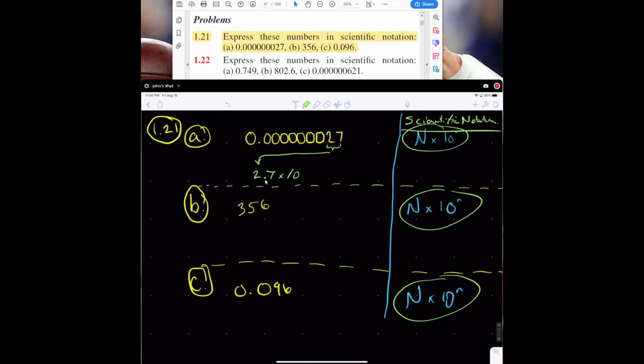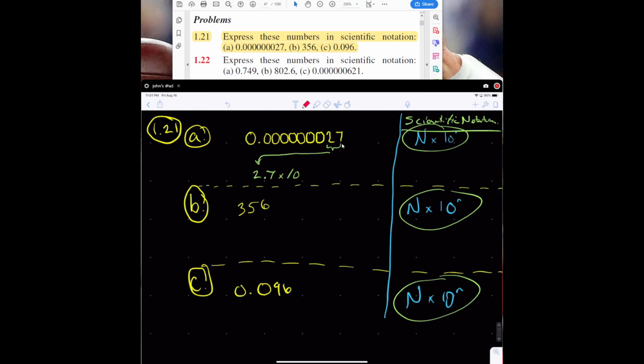But since we're going to start from 2.7 and we need to end up at this number here, we're going to go to the left. We're going to bring that decimal to the left, meaning that the exponent's going to be negative however many spaces that we go.